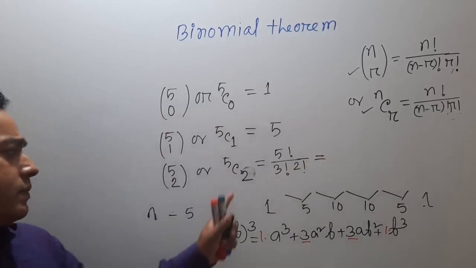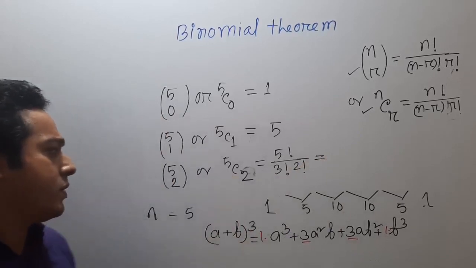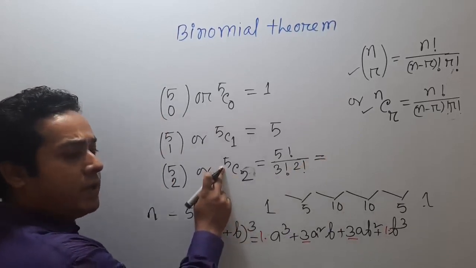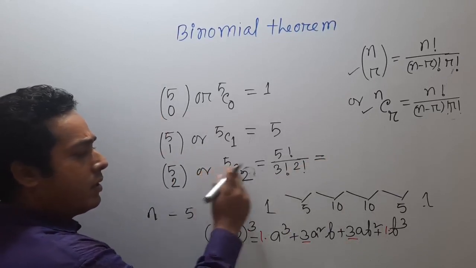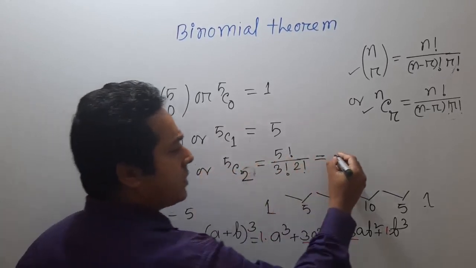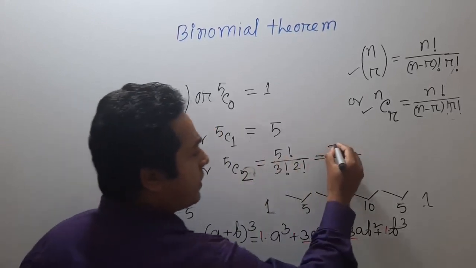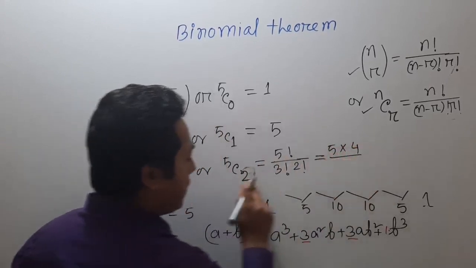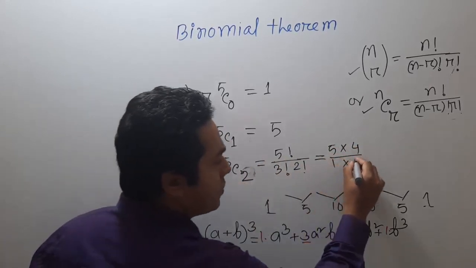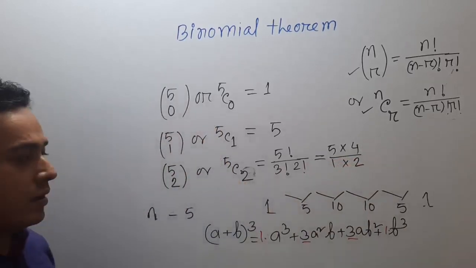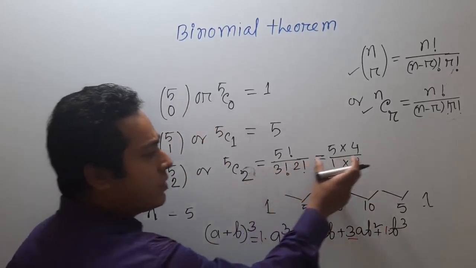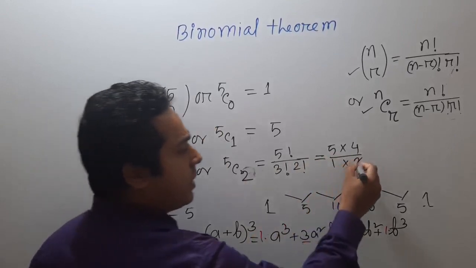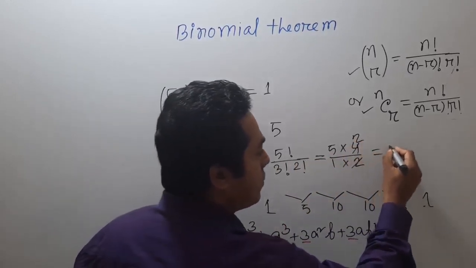We can express this term this way. Here 5 into 4 over 1 into 2, which is equal to 10.